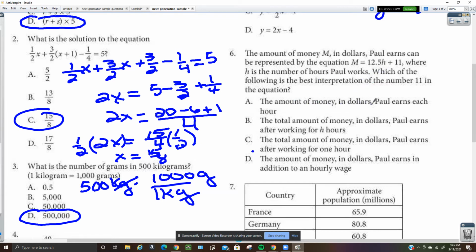The amount of money in dollars Paul earns each hour, the total money in dollars Paul earns after working 8 hours. Nope. The total money in dollars Paul earns after working 1 hour. The amount of money in dollars Paul earns additionally to the hourly wage. That one's correct, before he even starts working, he's getting $11 there.